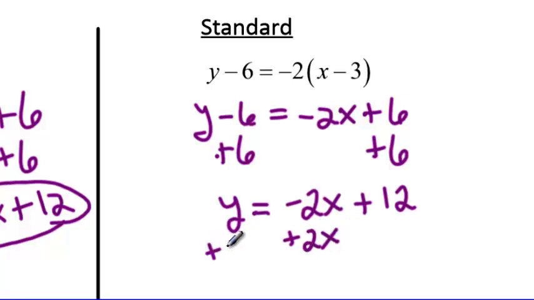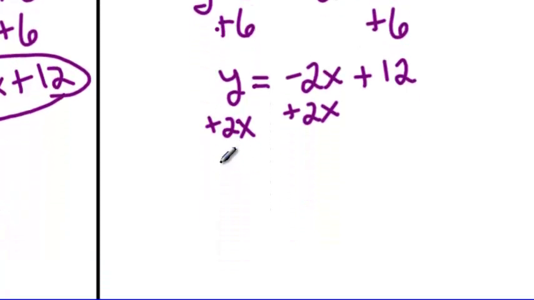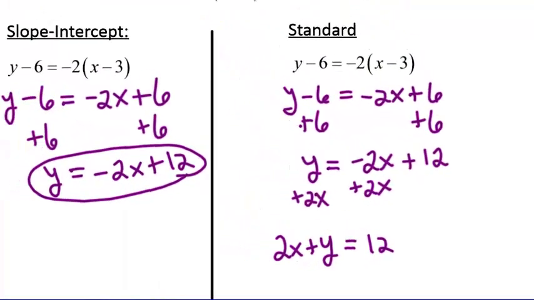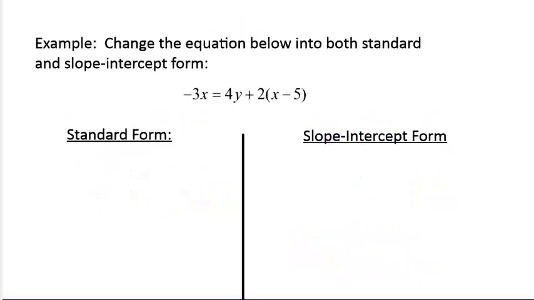And the reason is because I want to have the x and the y terms together on the left side. So I get 2x plus y equals 12. Okay, so all three of these equations, this one and the slope-intercept form and the original one, are all three the exact same line, just three different forms of the same function.